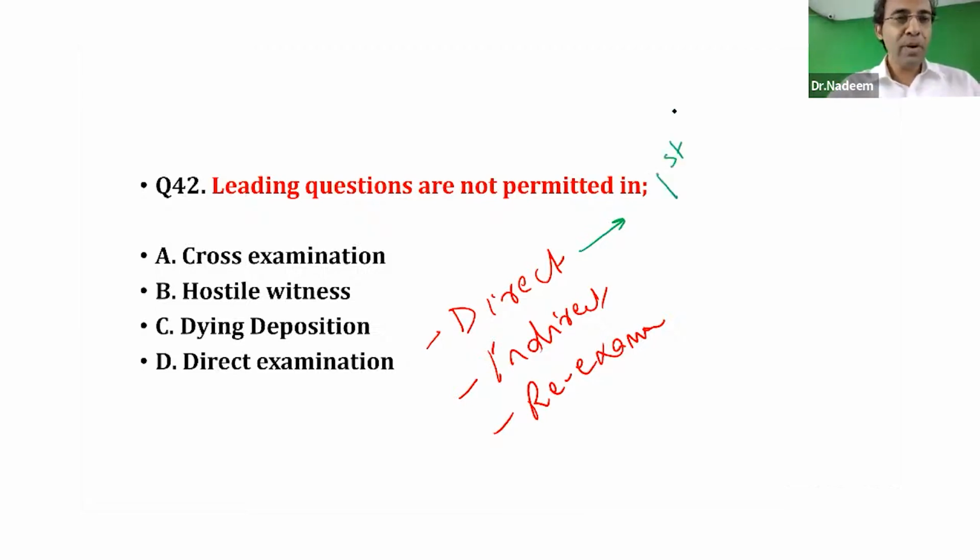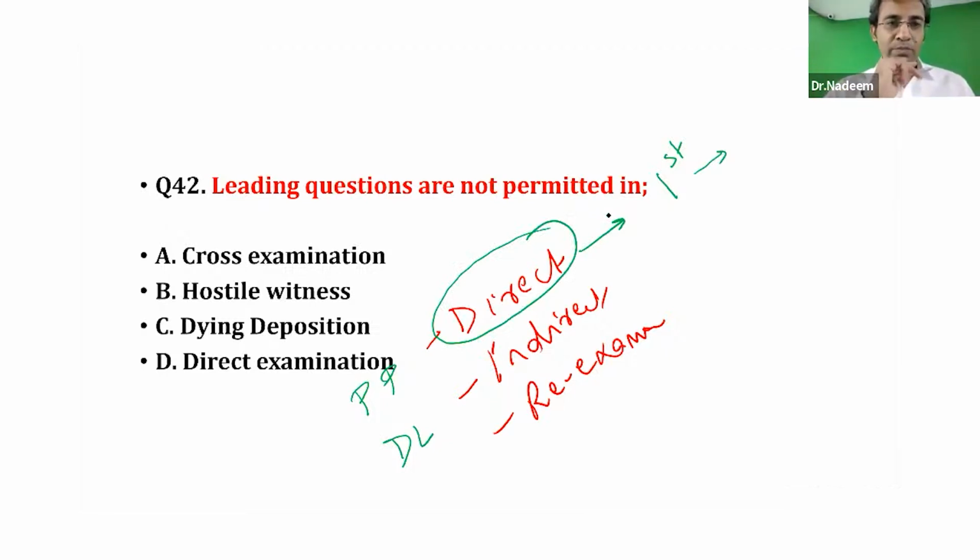Suppose if the advocate is fighting for the victim, he will be considered the public prosecutor. And if the advocate is fighting for the accused person, he will be called the defense lawyer. The first examination will be done by the public prosecutor. Here leading questions are not allowed.